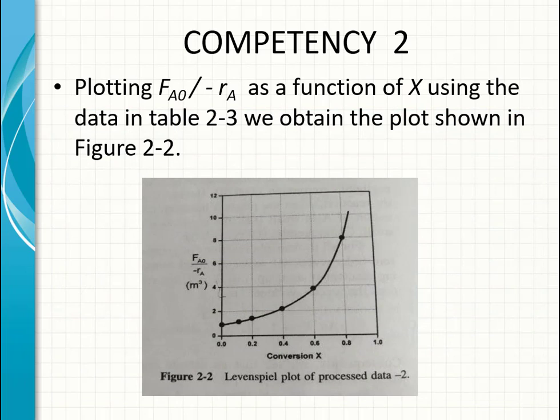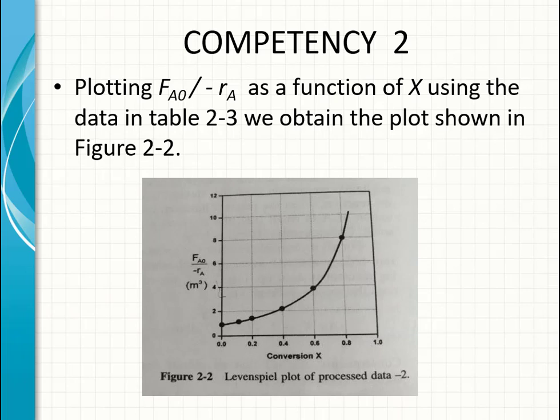If we plot the values of FA0 divided by minus rA as a function of X, which are given in the table that we just described, we can obtain the plot shown in figure 2.2.